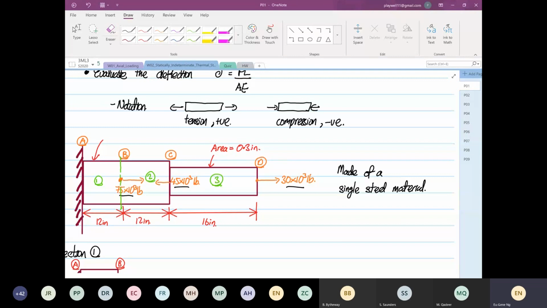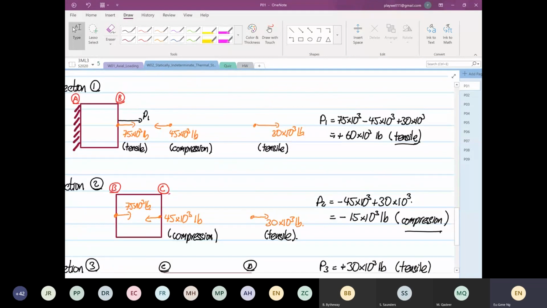Hey, why has the area gone missing? My bad. I do apologize. So down here, the area is equal to 0.9 inches squared. Okay. So A to B has an area of 0.9 inch squared and the length of 12 inch. B to C is the same. C to D is 0.3 and 16 inch.